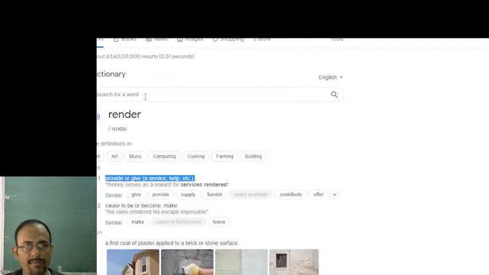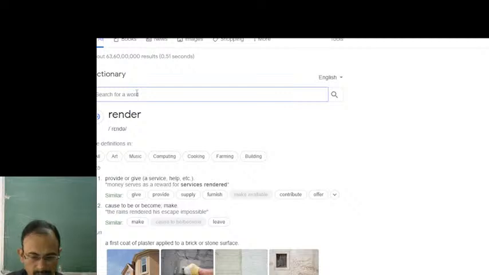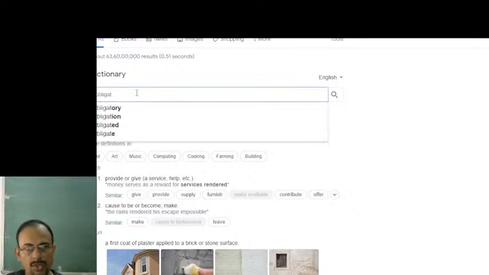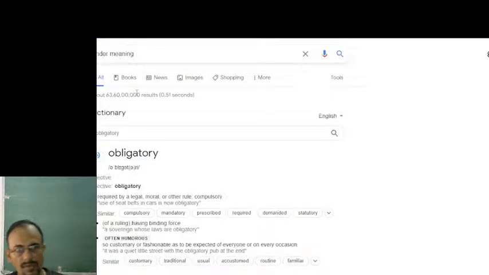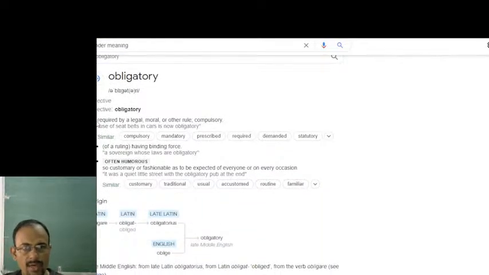So let me give you some hint from here. If we write here obligatory, it means required by a legal, moral, or other rule, compulsory. On obligatory, number one is compulsory. Number two is having binding force. A sovereign whose laws are obligatory means you have to accept this.